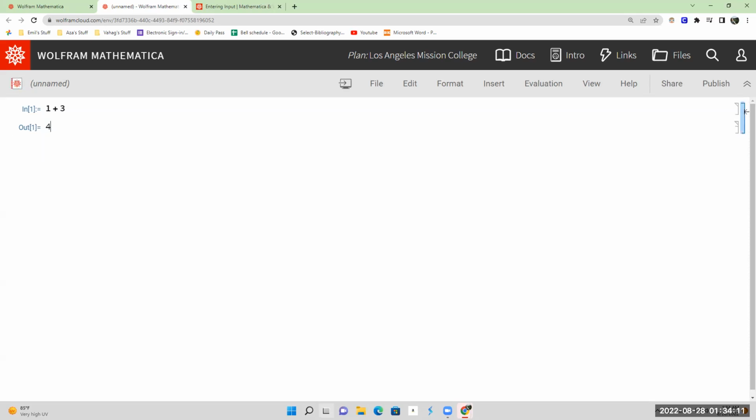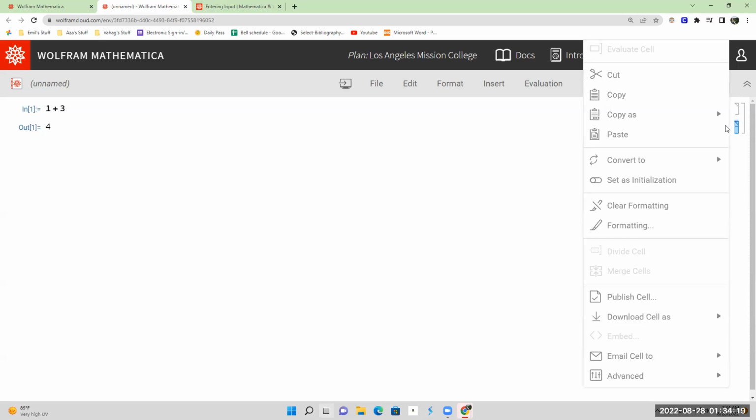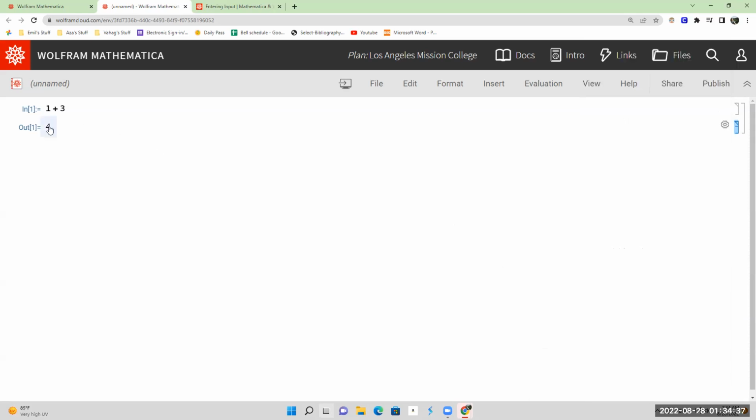So actually, instead of right clicking, you can click on this star, and then you can copy, or what I recommend is convert it to an image, and that way you can paste it into Microsoft Word, or you can download it as a PNG. Okay, and that way you can have access to the output.